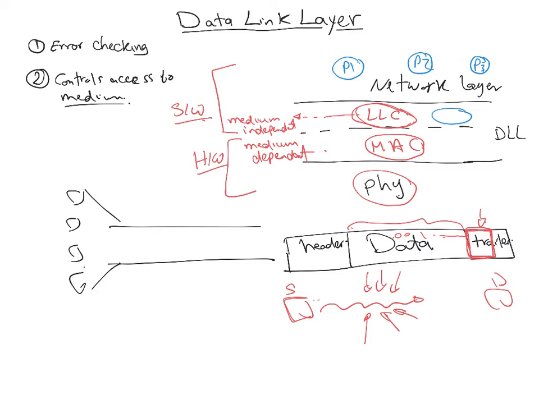So the MAC sublayer, for that, uses a specific type of addressing, which is the physical addressing. Logical link control uses the error checking field, and the MAC layer uses the addressing, which is actually one field here in the header.